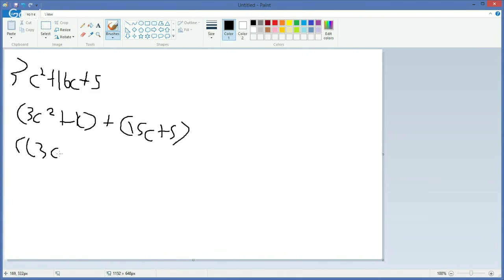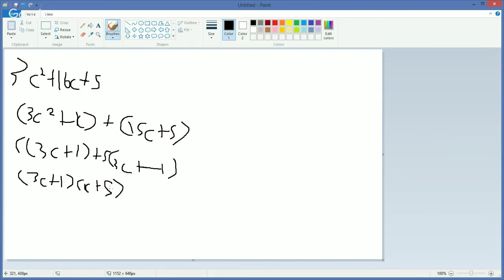So that becomes c(3c plus 1) plus 5(3c plus 1), which will equal (3c plus 1)(c plus 5).